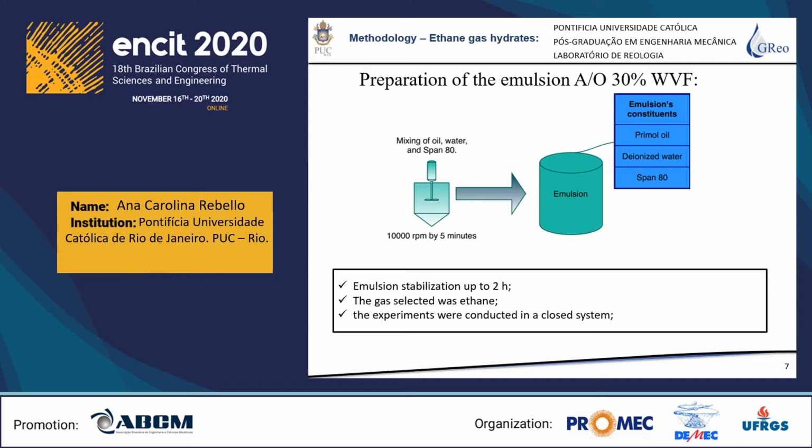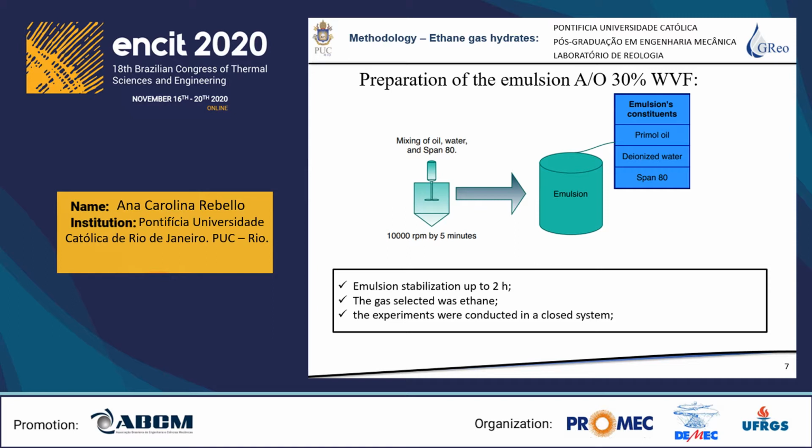Step 2. Magnetic homogenization of SPAN 80 with mineral oil at a speed of 1000 rpm for 5 minutes. Step 3. Addition of water in the mixture of SPAN 80 and mineral oil. And Step 4. Homogenization of the components obtained in Step 3 on the Turrax mechanical stirrer at a speed of 10,000 rpm for 5 minutes. The emulsion stabilization takes up to 2 hours.